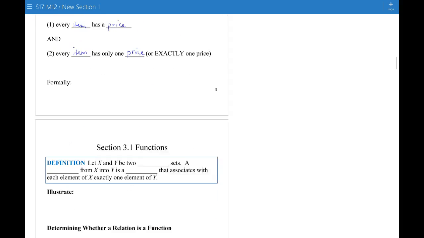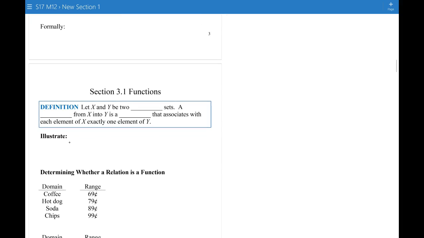So formally, we have this definition that says, let X and Y be two non-empty sets.